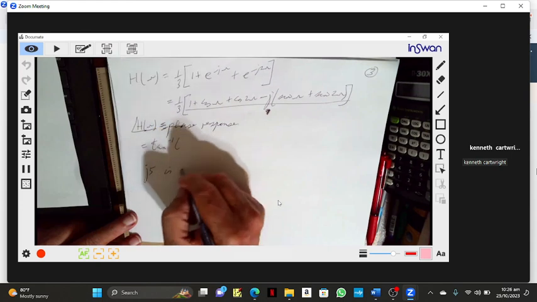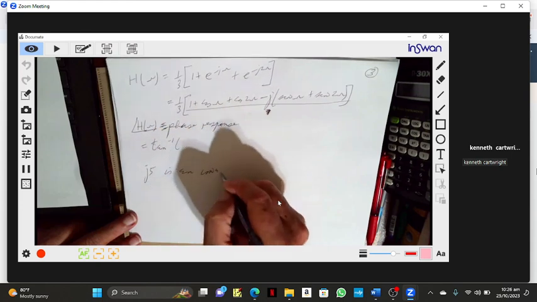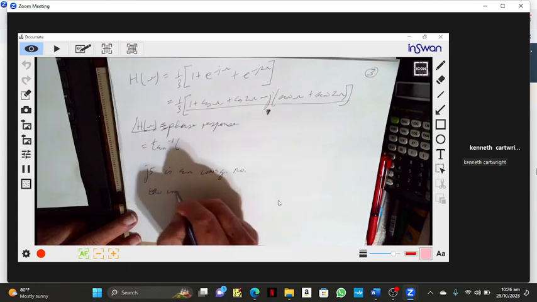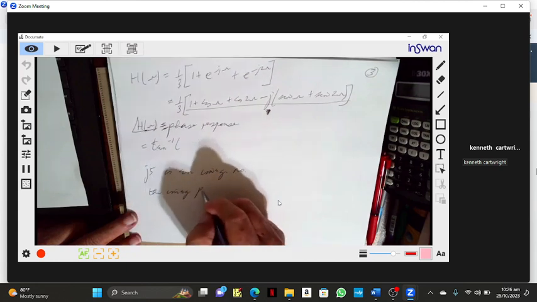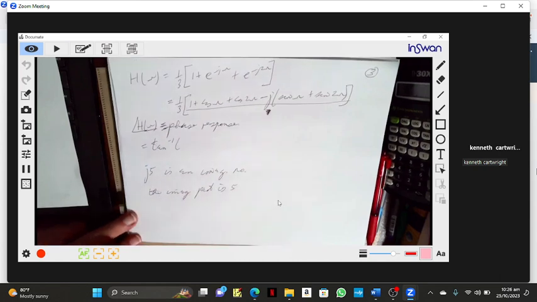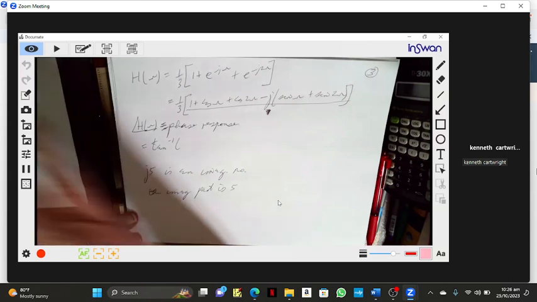j5 is an imaginary number. The imaginary part is 5. The imaginary part is a coefficient of j. This is just terminology.